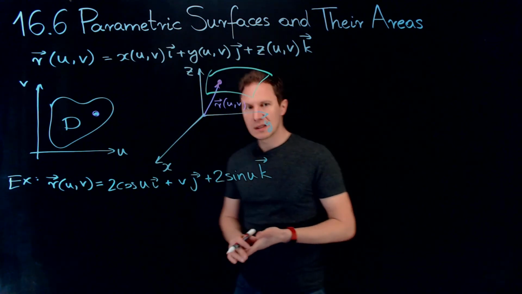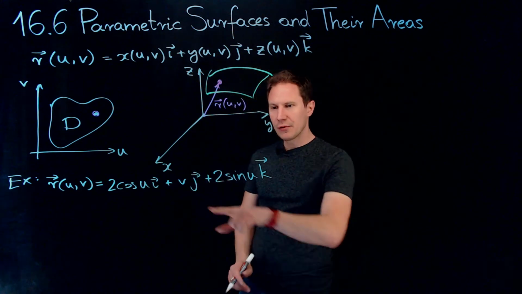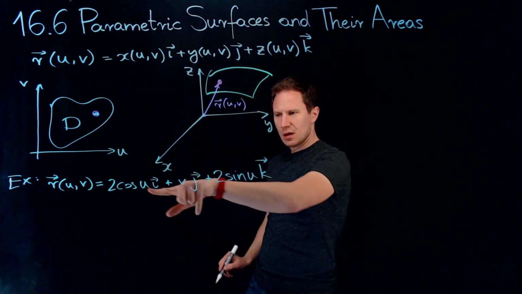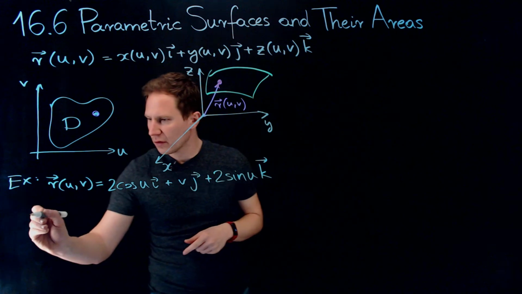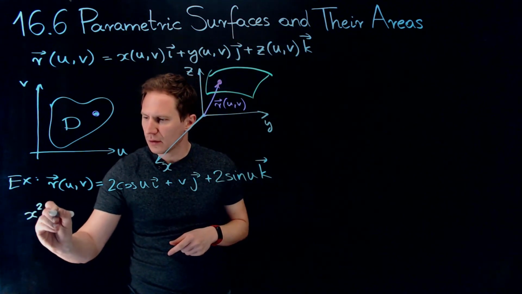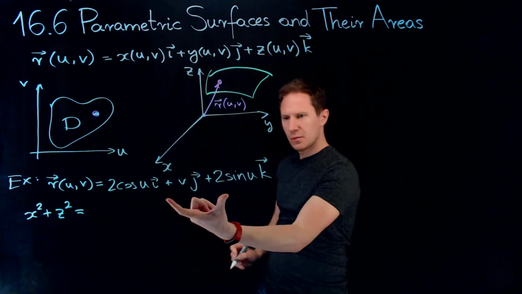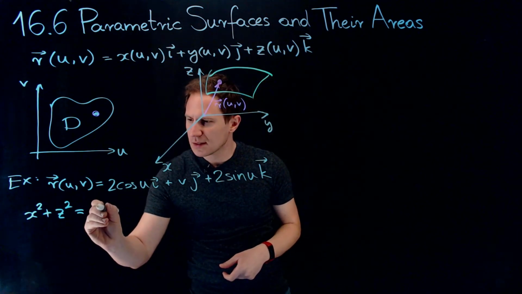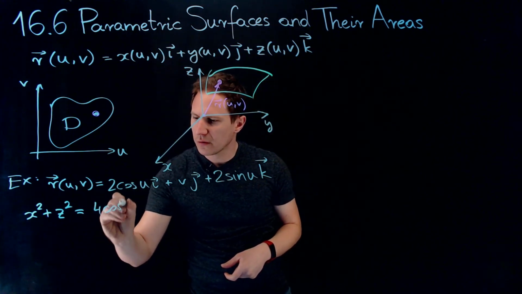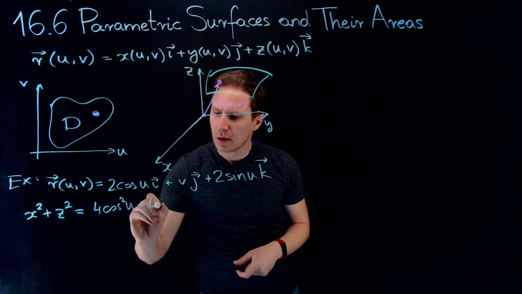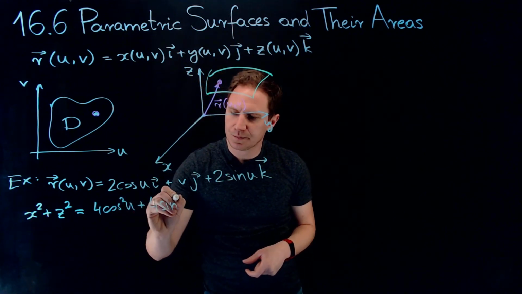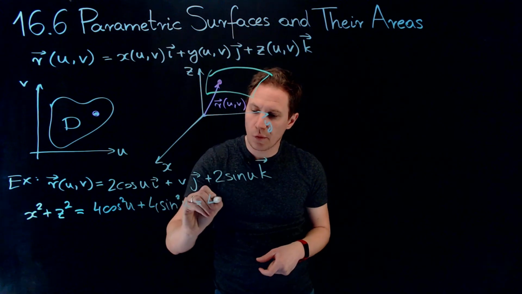I hope you paused it and realized that if you look at the x and z components, they depend on u, and if you take their squared sum, you get 4 cosine squared u plus 4 sine squared u, which is just 4.